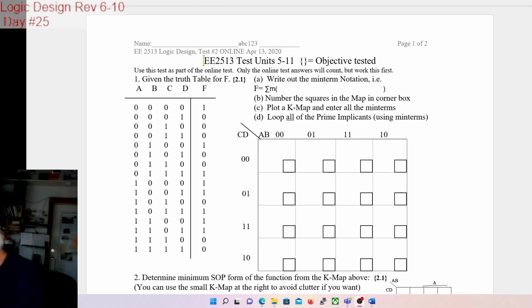So our SOP function, if we go back up here, is just going to be F equals C prime D prime plus A C prime plus A B prime D plus A prime B C D. And then the POS form, we have 2 choices.